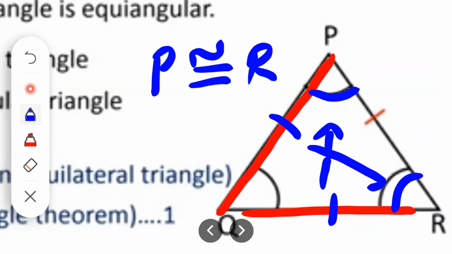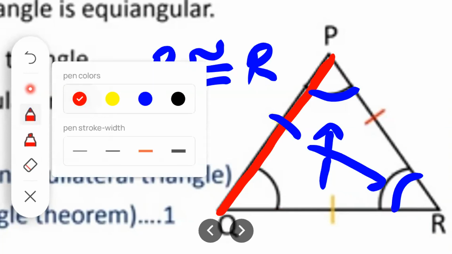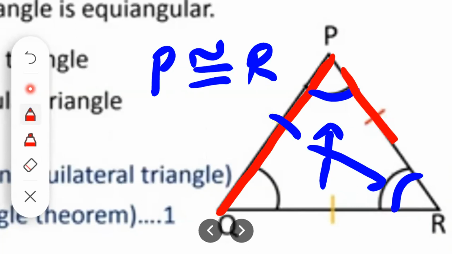In the next step, we will take any other side. Here I will remove this side, and the next pair of sides I will take is PQ along with PR.